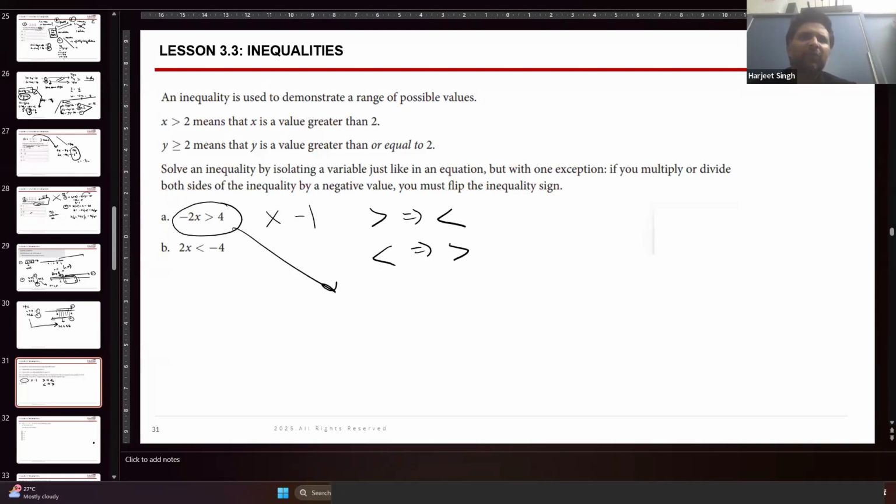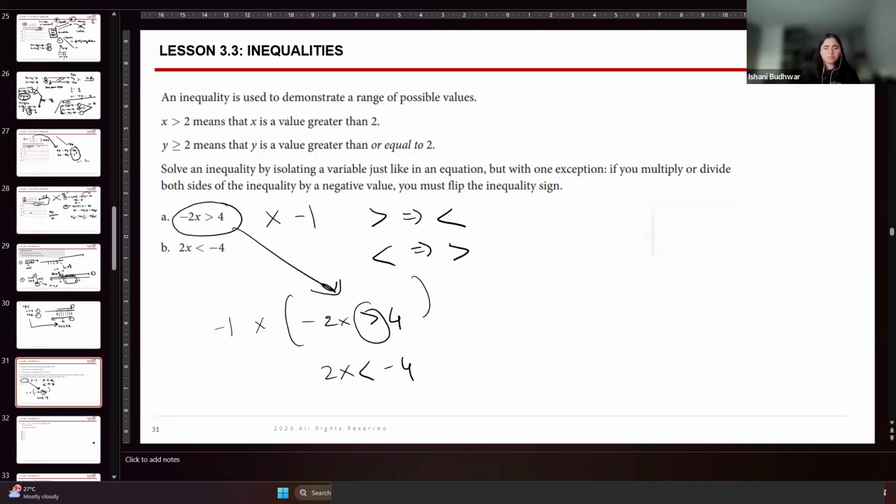So if I want to remove this minus from here, original is minus 2x greater than 4. If I multiply by minus 1 on both sides, this sign will be flipped and I get 2x less than minus 4. So always flip the inequality whenever you are multiplying by a negative number. If you're multiplying by a positive number, no need to flip the sign. Okay, so this is an important rule.